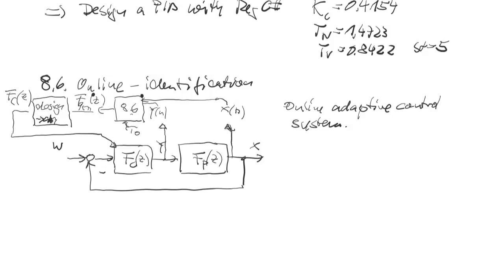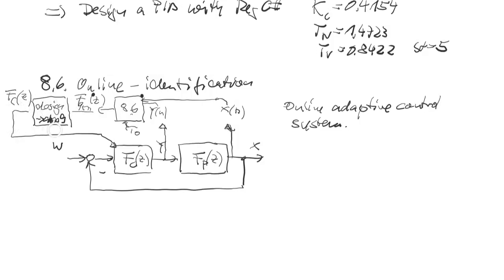We have not talked about controllers which can be designed with the knowledge of an FFC. This comes in chapter 9, where I will present some controller design methods which can be done in 1 millisecond. If you imagine the design of an FFC we have done with Csii, Csii calculates the Bode plot of a digital filter, which takes several milliseconds, then makes the FRA design, which also takes several milliseconds.